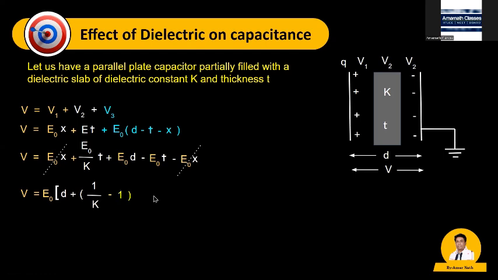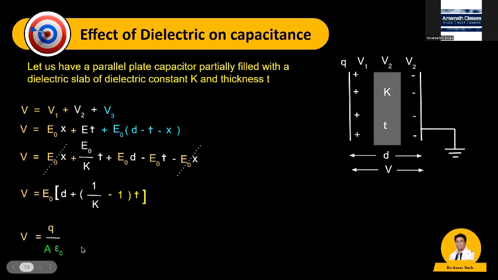You know that E naught is nothing but sigma by epsilon naught, and sigma is nothing but Q by A. So V is written as Q by A epsilon naught.